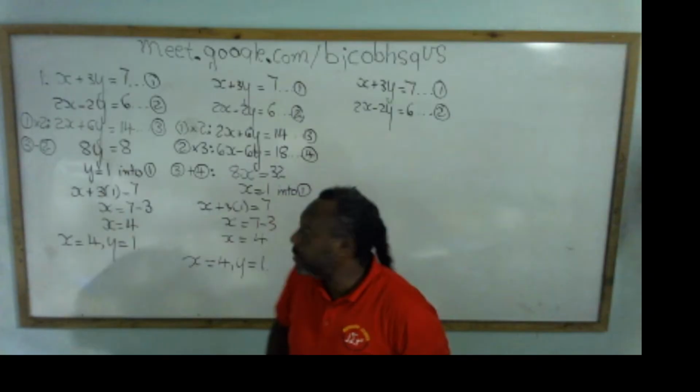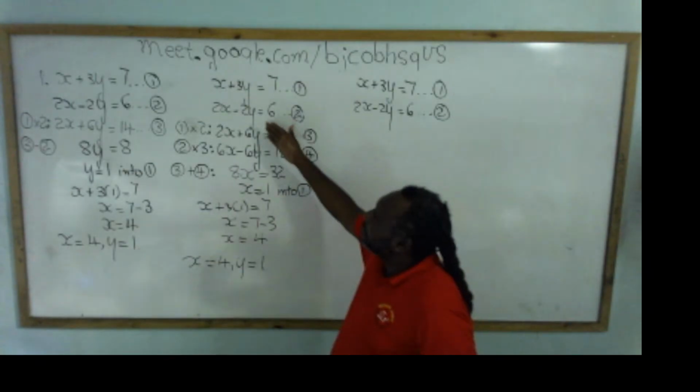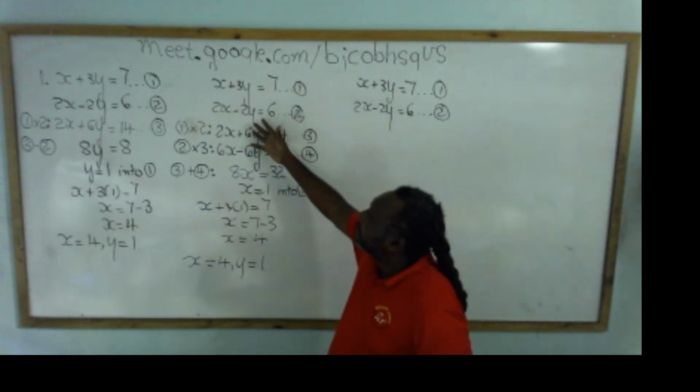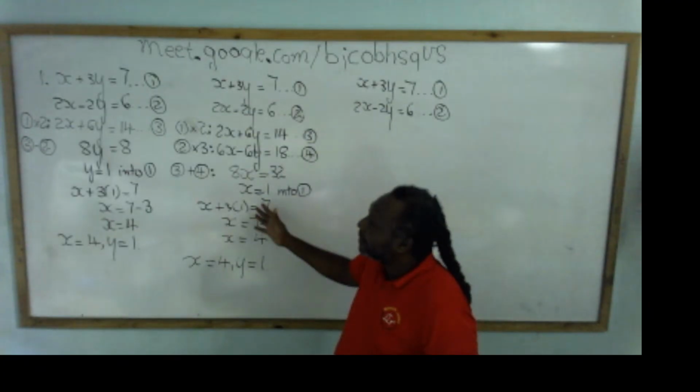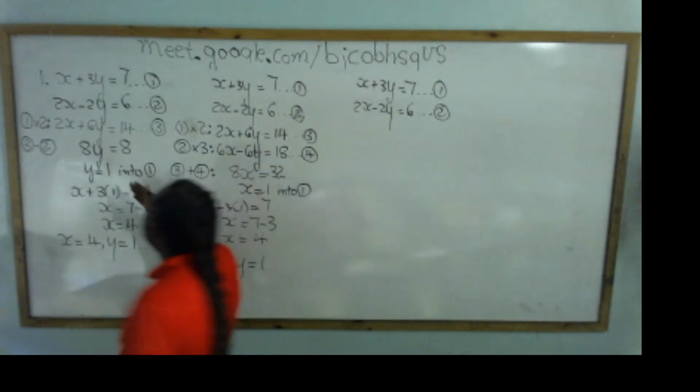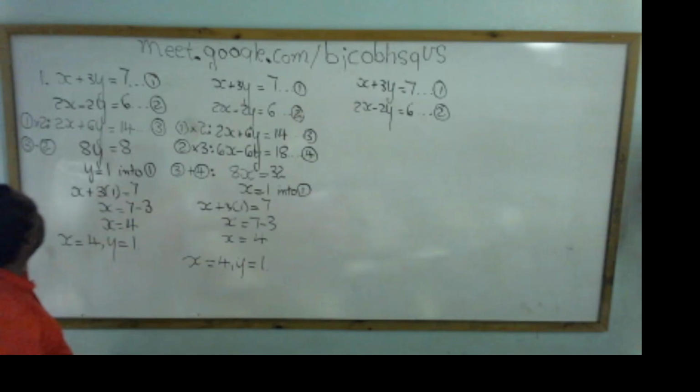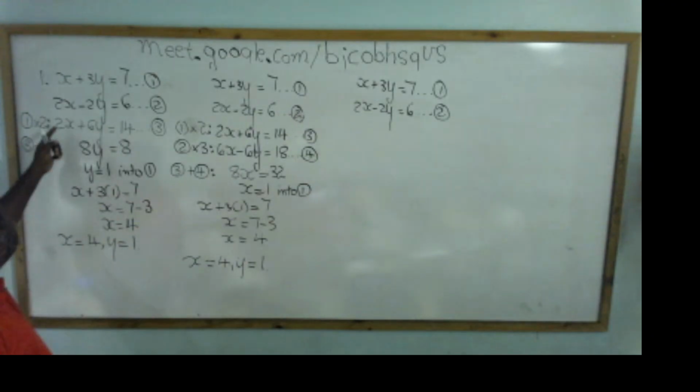So the student would have taken advantage of the additive inverses here. And over here, the student would have taken advantage of how easily we just multiply one of these equations by 2, and we're on. But this student needs to differ.